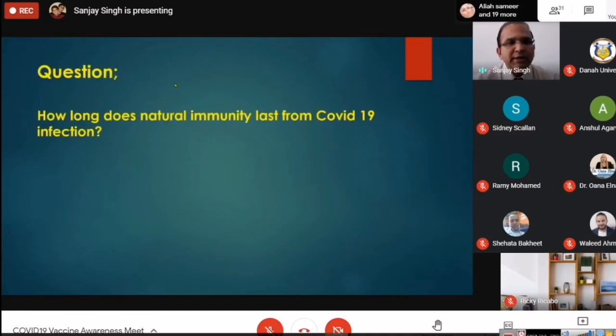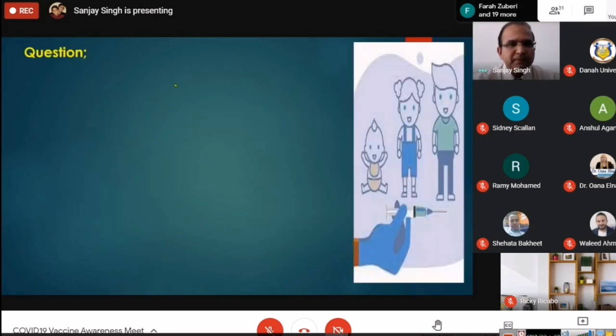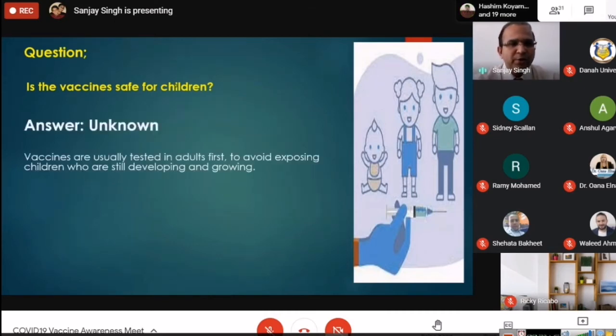So how long does the natural immunity last from COVID-19 infection? Natural immunity is the immunity without the vaccination, that is, from the infection. Actually, it's unknown, but it's thought to be 3 months. Is the vaccine safe for children? The answer is unknown.